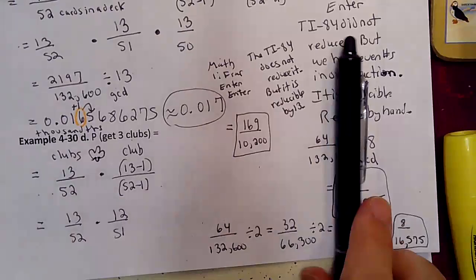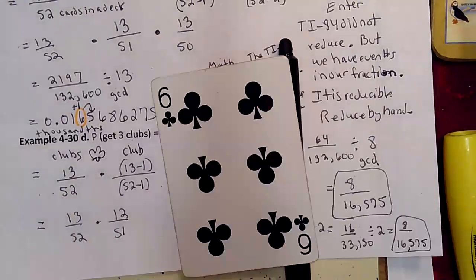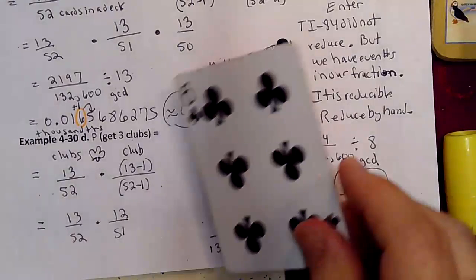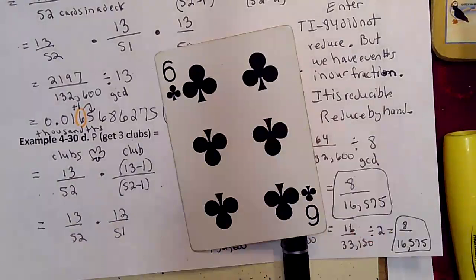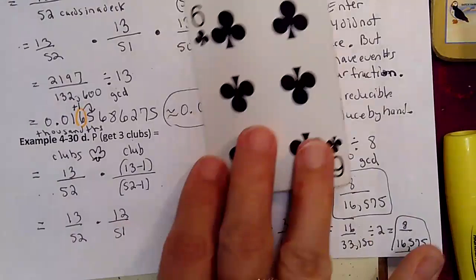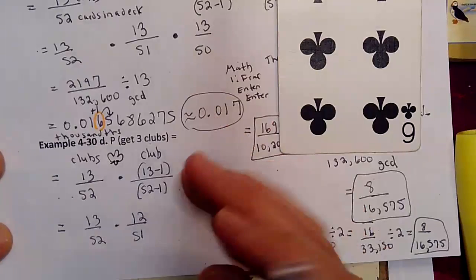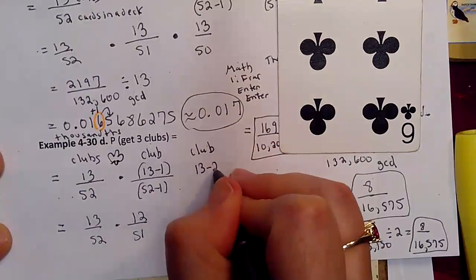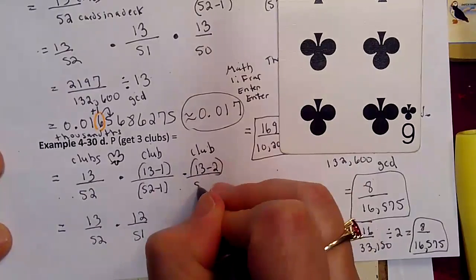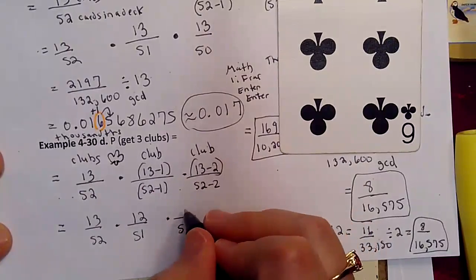Because if you pull out a club, let's say the 6 of clubs, and I'm not replacing it, now you have 51 cards. And the clubs, you're down to 12 because you already pulled one out. And then when you choose the third card, you're also choosing a club, so it's 13 minus 2 over 52 minus 2, which is 50, and 13 minus 2 is 11.